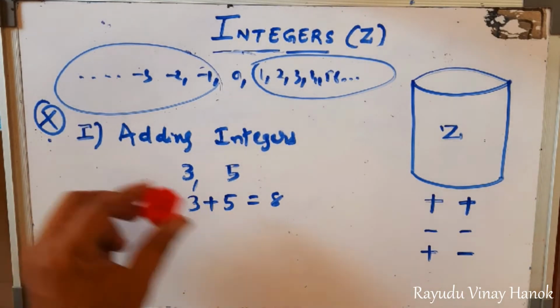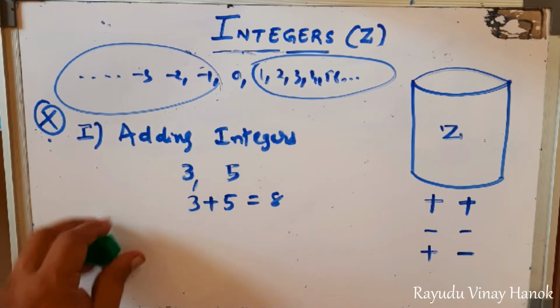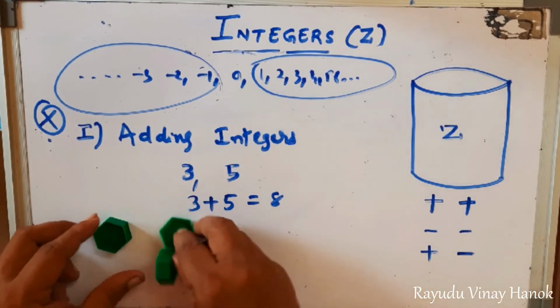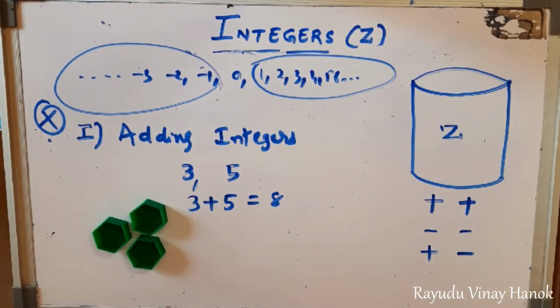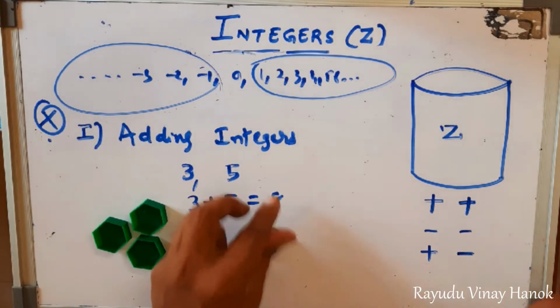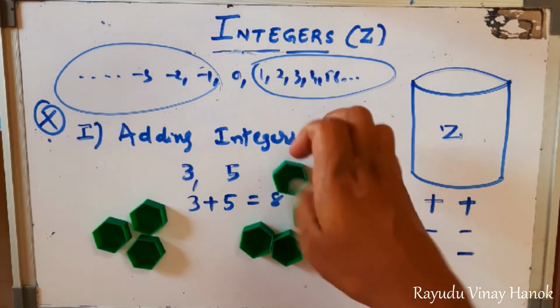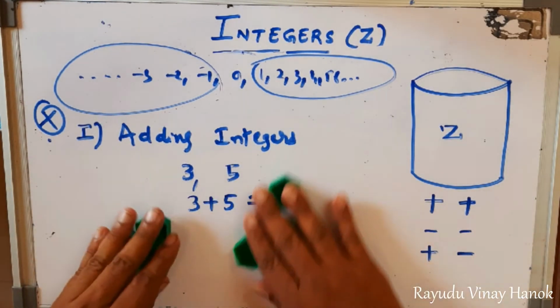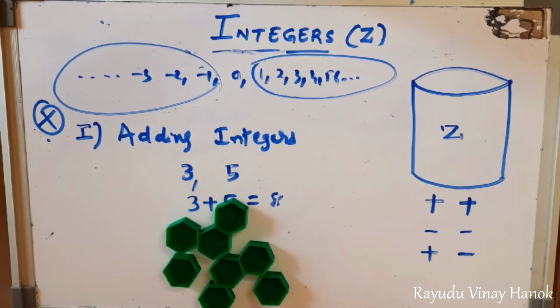Since I have used only positive numbers, I take 3 green ones and 5 more. Bear with me: 1, 2, 3, 4, 5. So 3 plus 5, add them, 8.